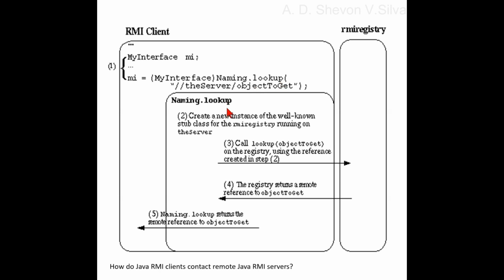This is what Naming.lookup does. It uses a well-known stub to make a remote method call to the RMI registry, which sends back the remote reference to the object requested by the lookup method.